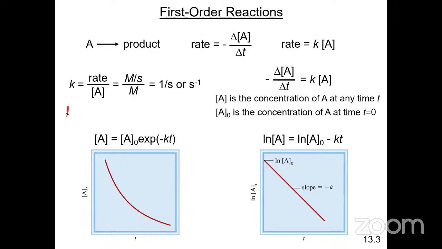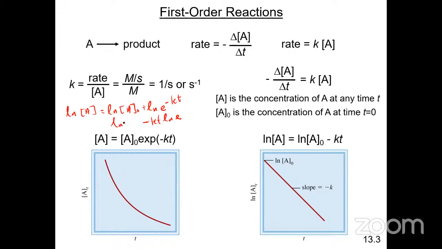So you're going to get the natural log of the concentration of A equal to the natural log of the initial concentration of A, plus the natural log of e to the minus kt. Now, this can be expressed as minus kt ln e.